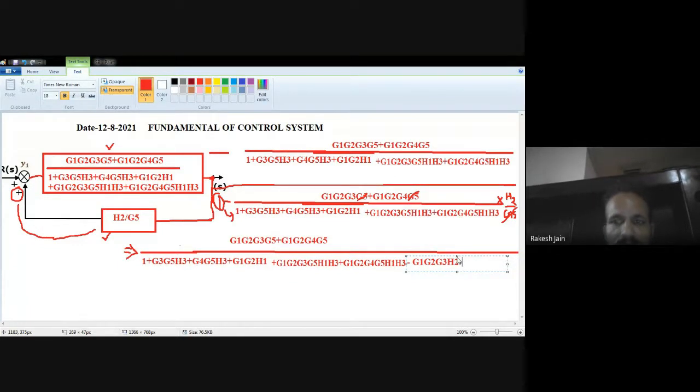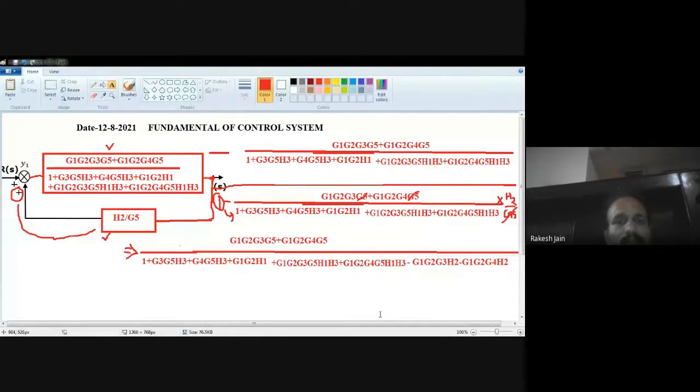Then again minus, because outside minus is there, G1 G2 G4 will be multiplied by S2. So this will be the final answer of this question.